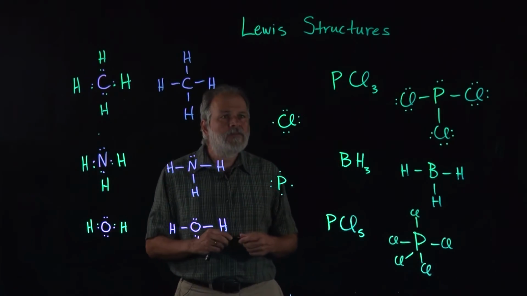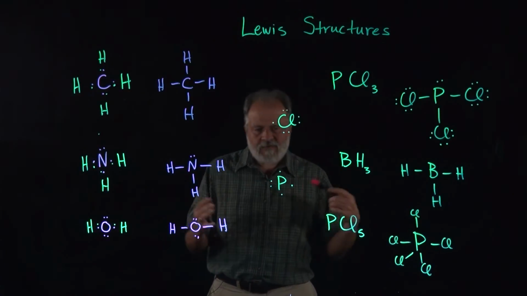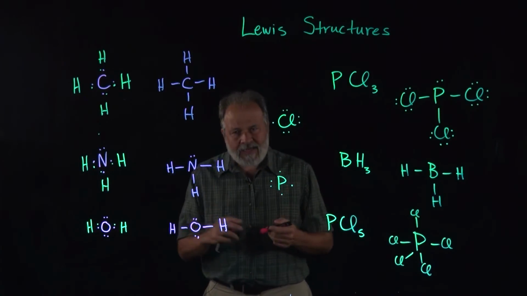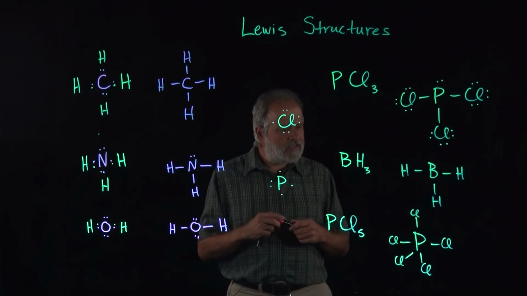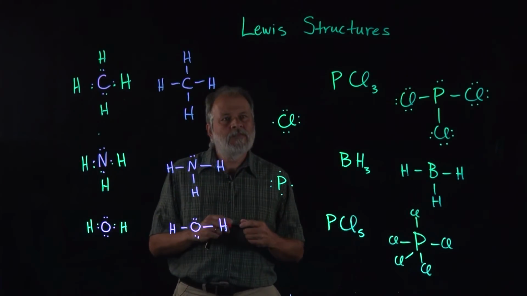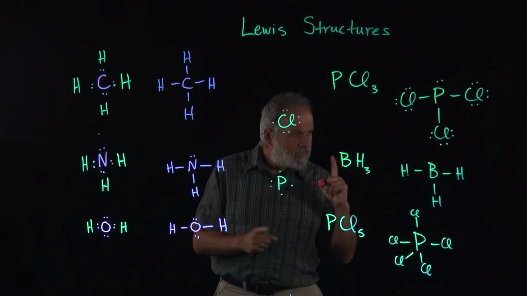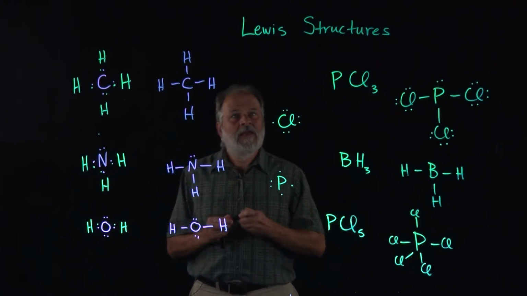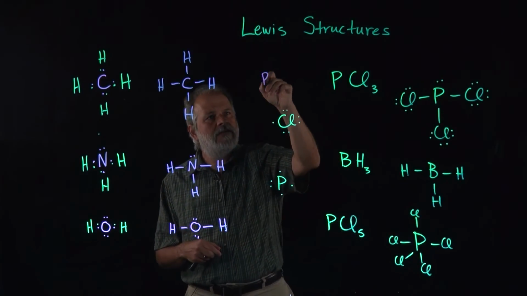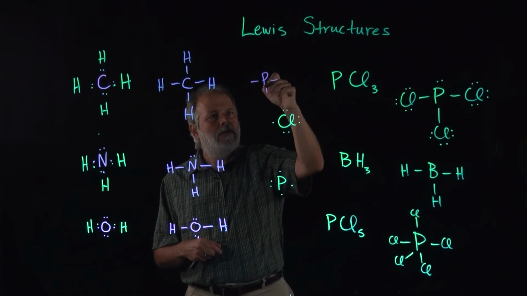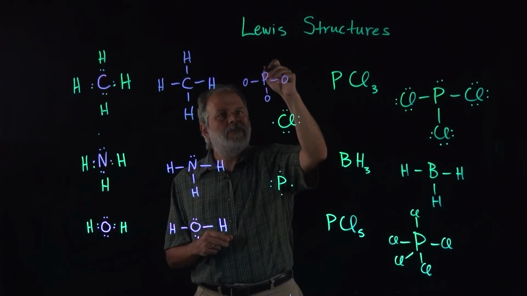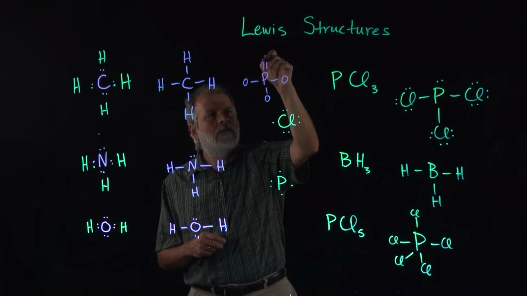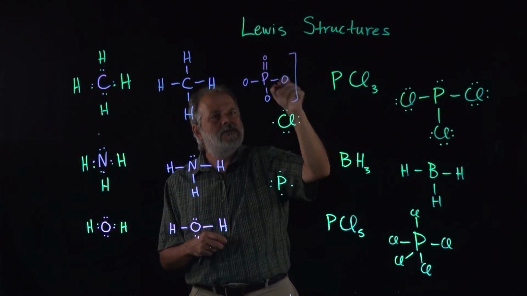Phosphorus will do that. And so the main reason I bring this one up is because you might see 2 common exceptions for phosphorus and sulfur, and that is when you go to phosphate, which is PO4 3 minus.